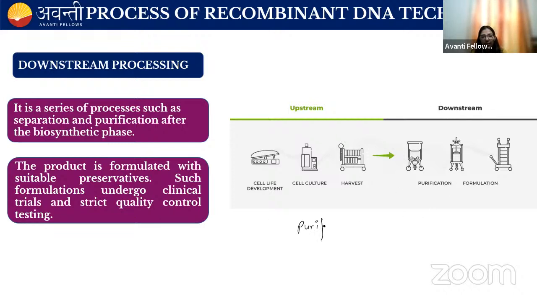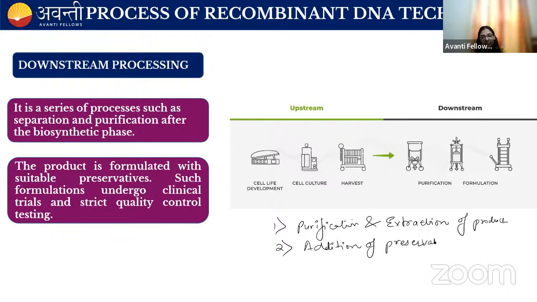Purification and extraction of the product. The second one is addition of preservative. So two steps are done in downstream processing. Number one is purification and extraction of the product. The second one is addition of preservative to the product before it is marketed.